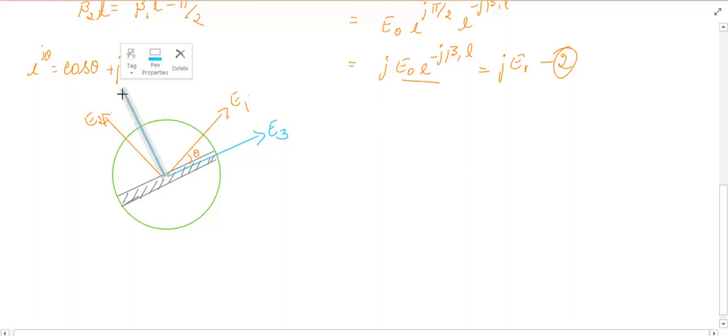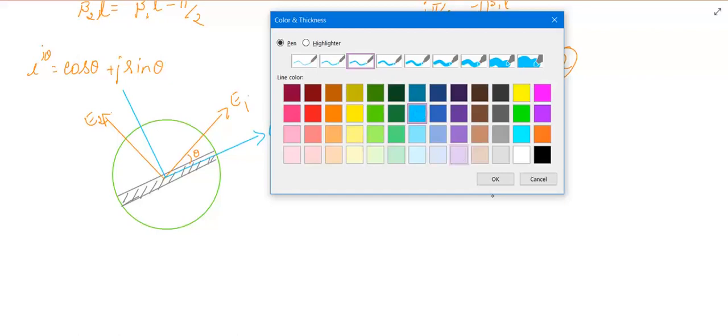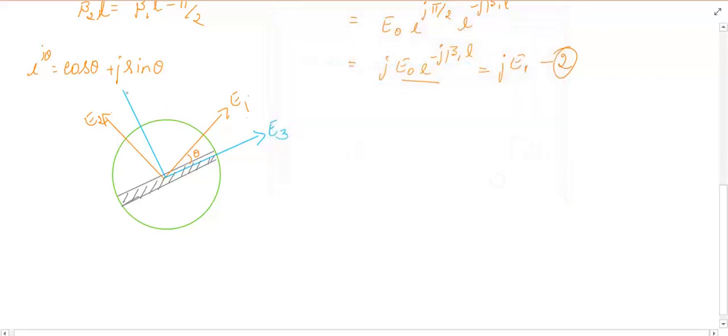So I can show it here. I will name it as E4. So our first one is done, E1 got split into 2, E3 and E4.